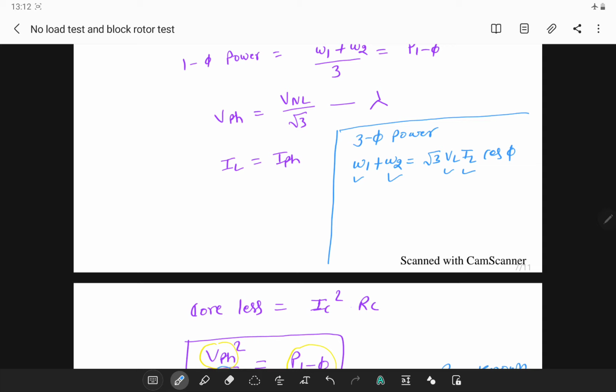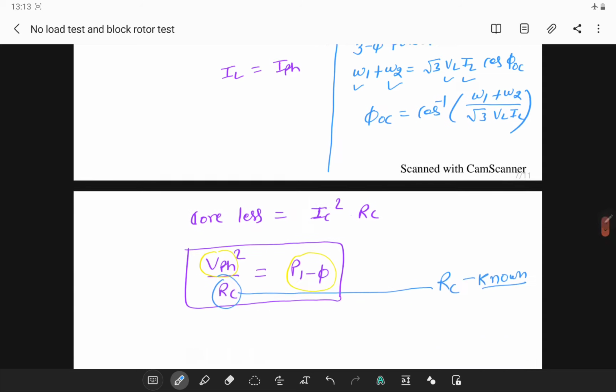So can I find the value of phi? Phi, I can say phi OC, that is open circuit power factor angle. So phi OC will be cos inverse of W1 plus W2 divided by root 3 into VL into IL. So I will find the value of phi OC.